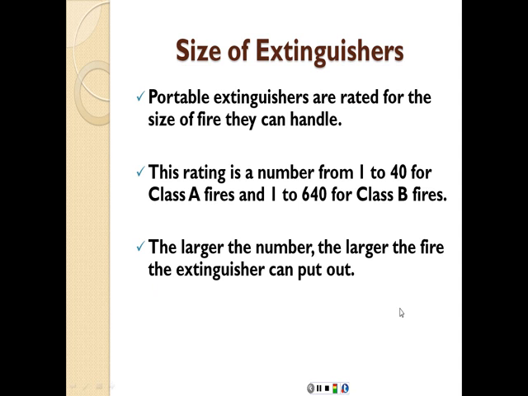The sizing of the extinguishers. Portable extinguishers are rated for the size of fire they can handle. This rating is a number from 1 to 40 for Class A fires and 1 to 640 for Class B fires. The larger the number, the larger the fire the extinguisher can put out. So the higher, the stronger that extinguisher.